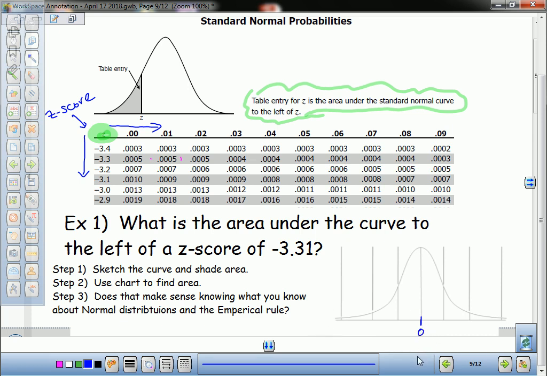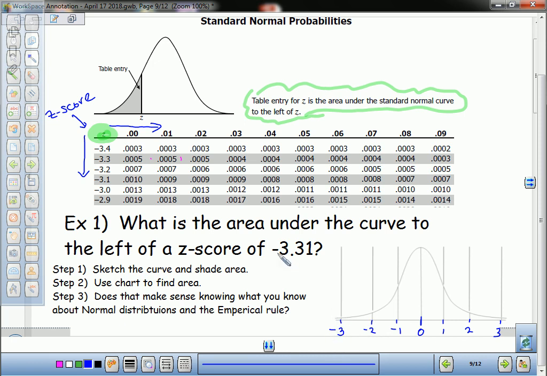And what is the standard deviation? 1. So this would be 1, this would be 2, this would be 3. This would be -1, this would be -2, this would be -3. You don't have this. You're just watching right now, guys.